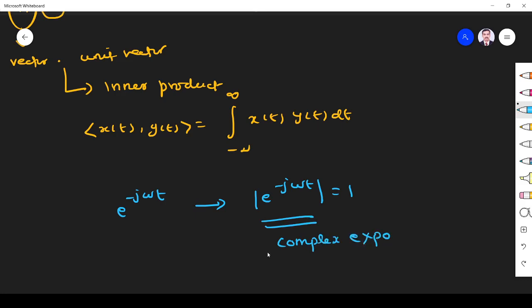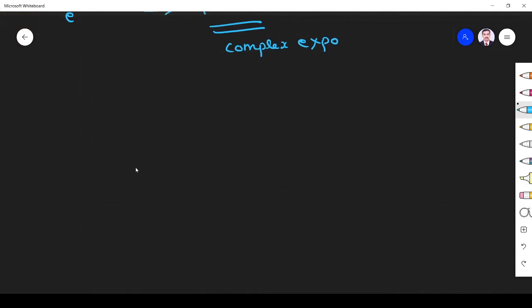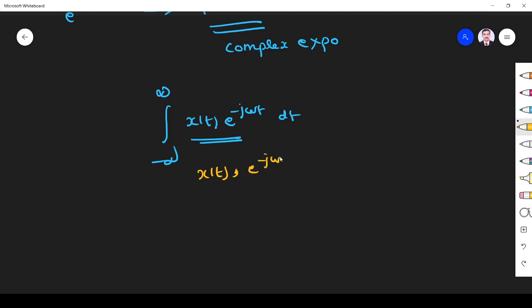Now, what is the meaning of the equation, the integral from minus infinity to plus infinity of x of t e power minus j omega t dt? This indicates it is an inner product between a full vector like vector A and this fellow, the complex exponential, or unit vector.